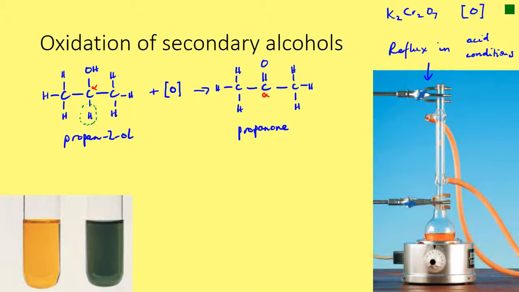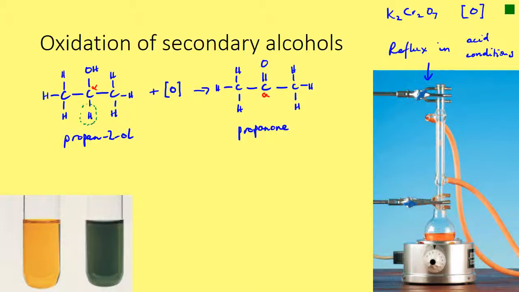Secondary alcohols have one step of the oxidation reaction and they turn into ketones, whereas you remember in primary alcohols, first of all, the primary alcohol turns into an aldehyde when it loses its first alpha hydrogen, and then there's another step because there's another hydrogen to lose, and that takes it further to a carboxylic acid. But for secondary alcohols, this is where the reaction stops.